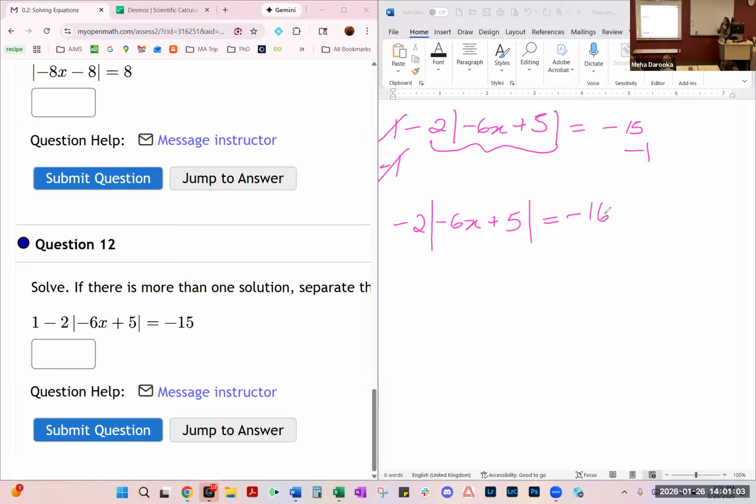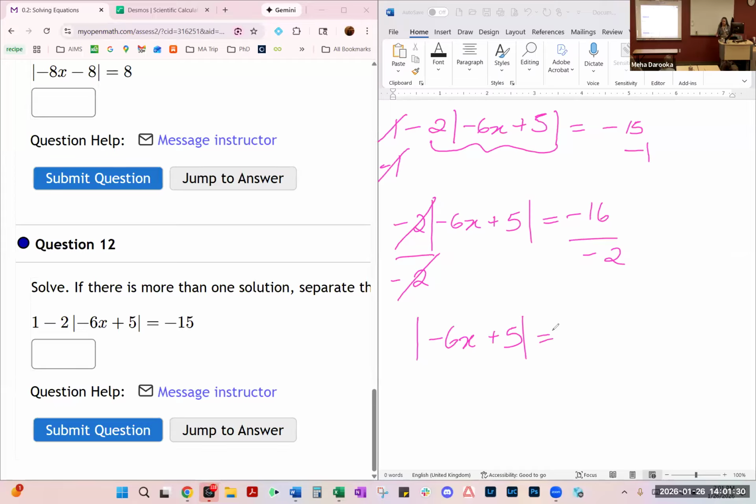Now, since that -2 is being multiplied with the absolute value symbol, remember to get rid of it: if it's multiplication, you use division. So you are going to divide both sides by -2. That will help us get rid of that coefficient in the front, leaving us with the absolute value itself, the absolute value of negative 6x plus 5, which is what I wanted, right?